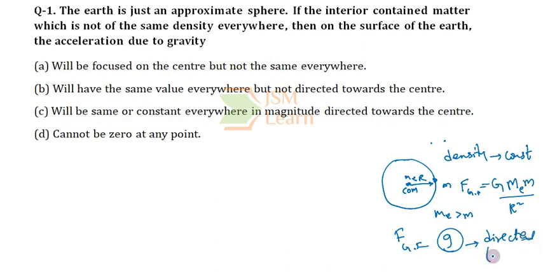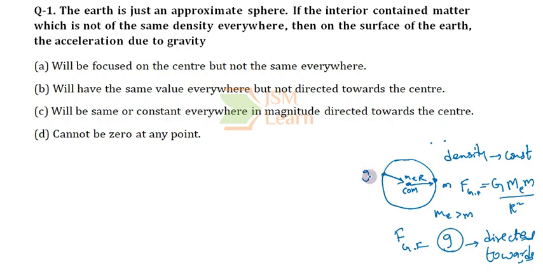Not only at this point: if you pick any random point on the Earth's surface, the gravitational field at that point will be directed towards the center of the Earth, and so will the acceleration due to gravity.